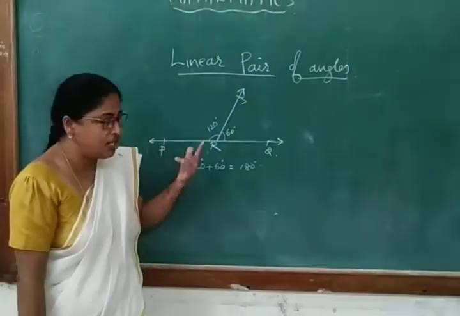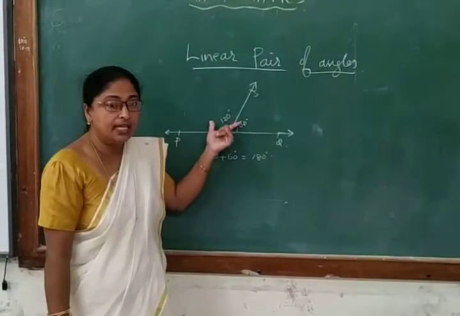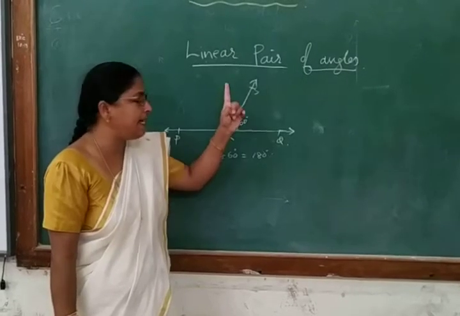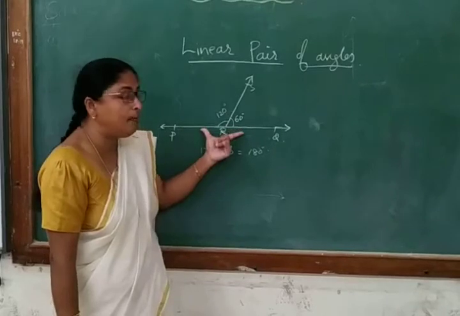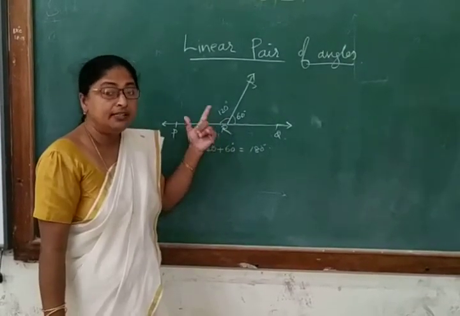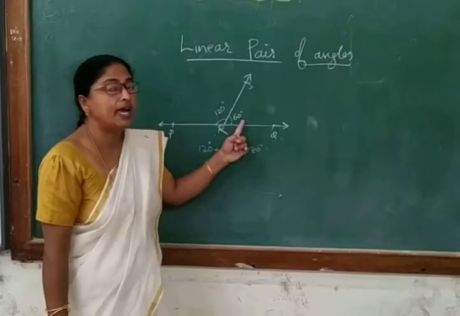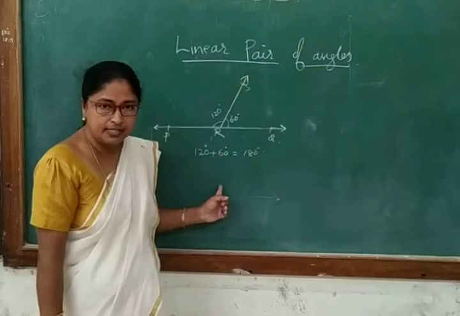I will repeat: if there are two angles with a common ray and the non-common rays are forming a straight line, then those two angles are called linear pair of angles.